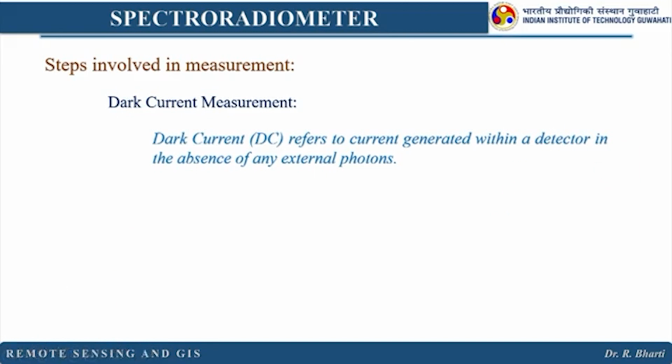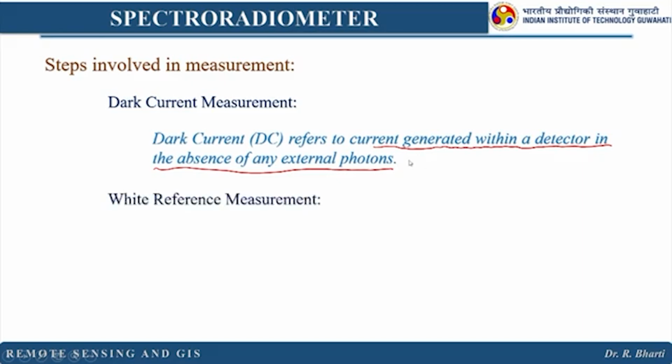Dark current refers to the current generated within a detector in the absence of any external photons. So, we close the external slit and measure the dark current, then open it again for our measurement.